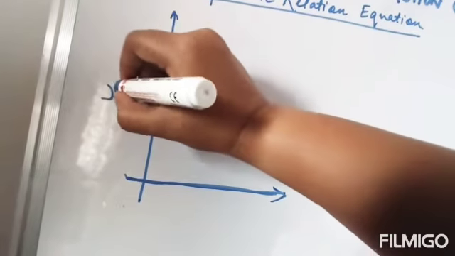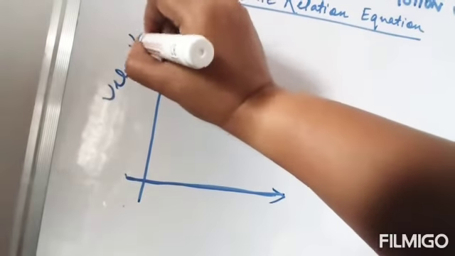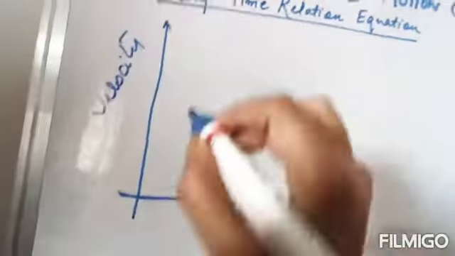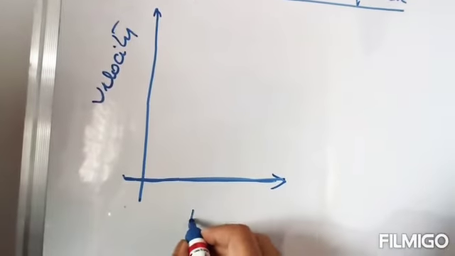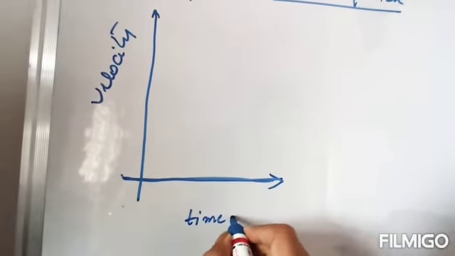This is representing the velocity and this is representing the time.